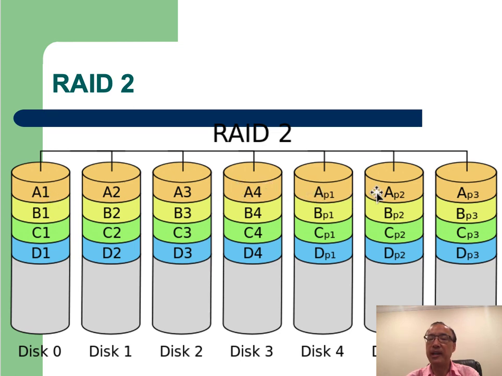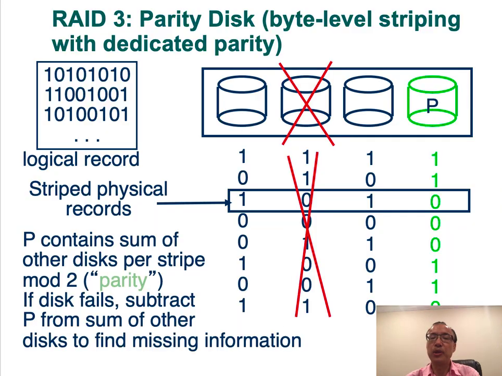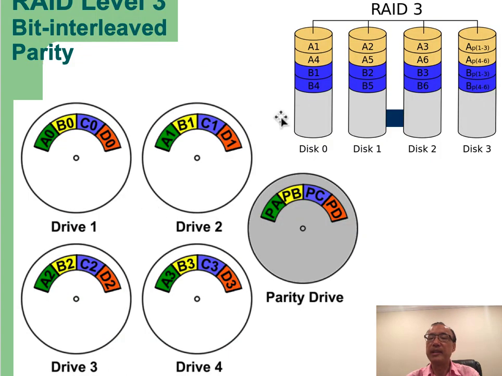Here you have 3 parity drives. And for RAID 3, you do the same thing, but at the byte level. So that means for 1 byte here, you compute the parity of these 3 drives and put the parity here.